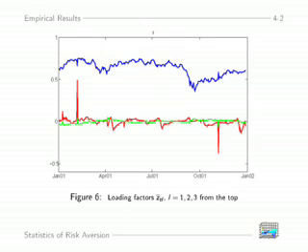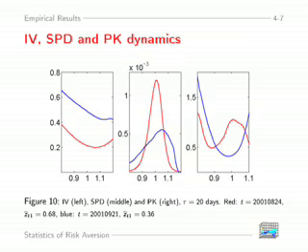And this picture shows implied volatility, state price density and pricing kernel against strike, for a fixed maturity of 20 days, so a slice of the surface. The red line, maybe you cannot see it, shows the values of the implied volatility, state price density and pricing kernel in August 2001.